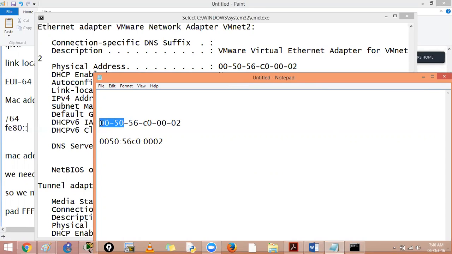So I combined these two octets over here, 1, 2, and these two over here and these two over here. Okay. Now in between over here, I will add FF and FE. So the next thing will be 0050 colon 56FF colon FEC0 colon 0002. I got my 64 bits, unique 64 bits, but I need to flip the 7th bit now.